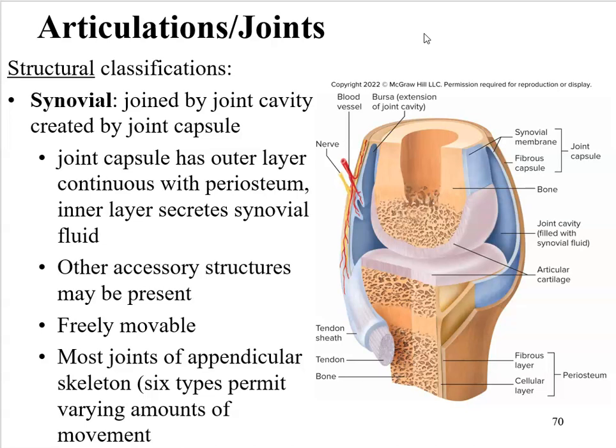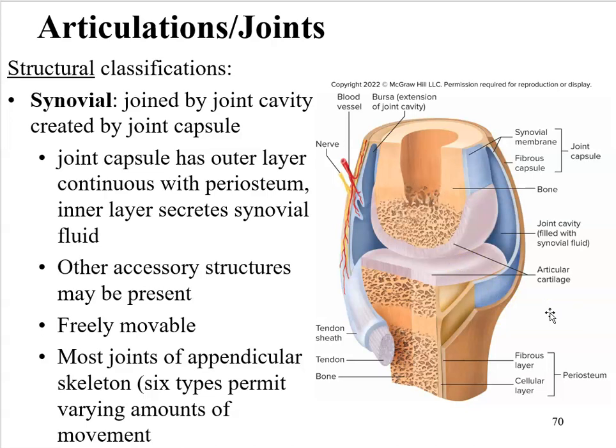These articulating bones often do not fit together very well, which permits a wide range of motion. So these are freely movable joints. The areas where the bones come into contact will be covered by articular cartilage, a thin layer of hyaline cartilage to cushion movement and to smooth friction.